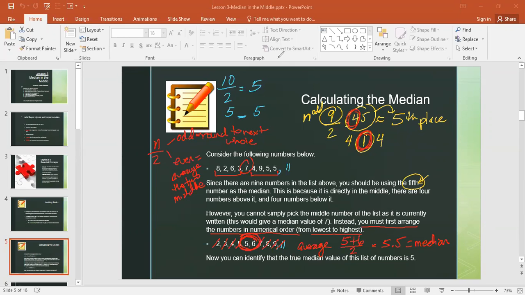Just a bit of extra notes there on how to find your median. This comes in handy, I'm not gonna lie, when you have larger sets of data. When you have small sets of data like this, you can just do the cross out method. But when you have larger sets of data, it's easier to just figure out, okay, what placement is my median going to be in? Let me go find that. Okay.